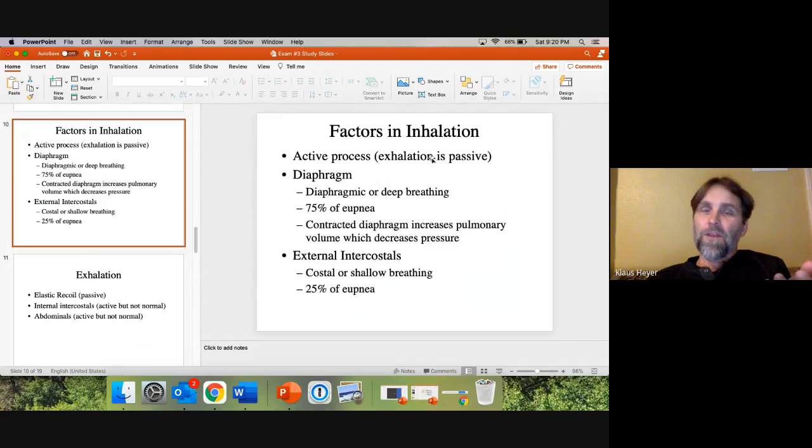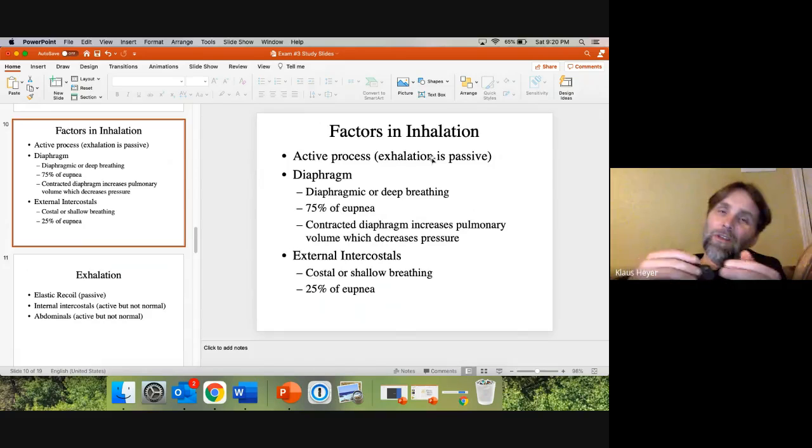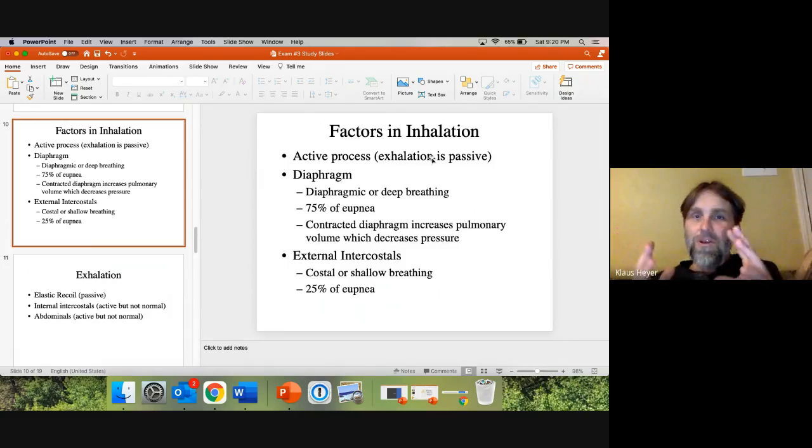Explain it. Don't copy what I'm putting. Pretend you're explaining it to somebody that has no idea how you're breathing in. The diaphragm contracts, that increases the volume of the thorax, so it makes your lungs get bigger.